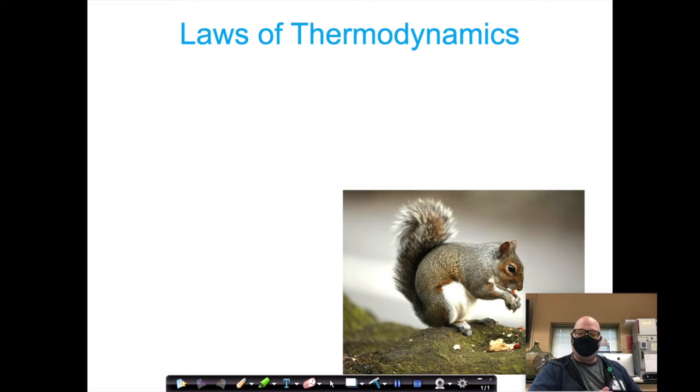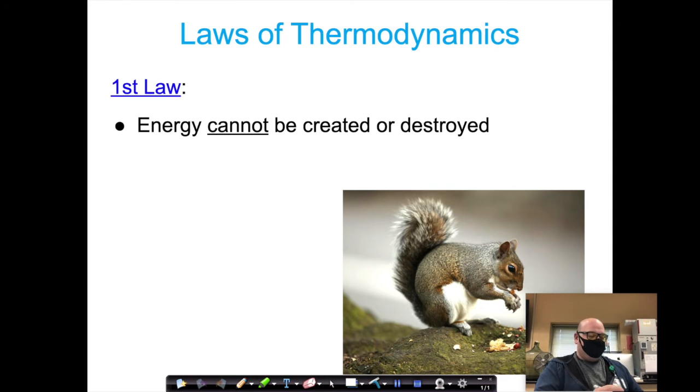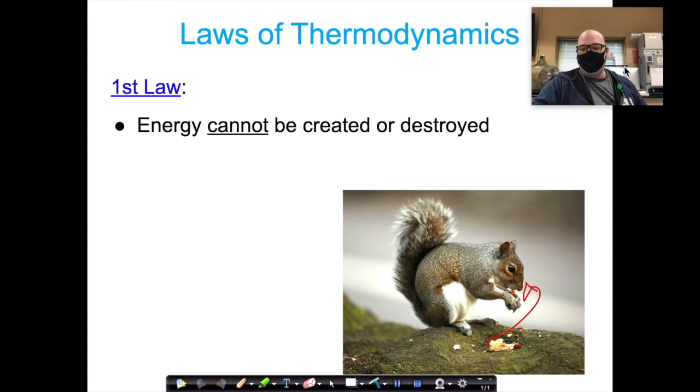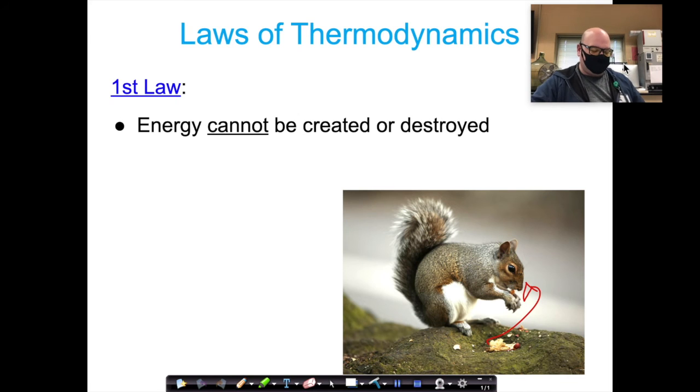So you've got our little friend here. It looks like he's having a good little snack here. And the first law related to the squirrel is he's not creating energy. He's using the potential energy stored in the food. Okay? In this case, it looks like some kind of nut or something. Once he eats it, the energy doesn't disappear.